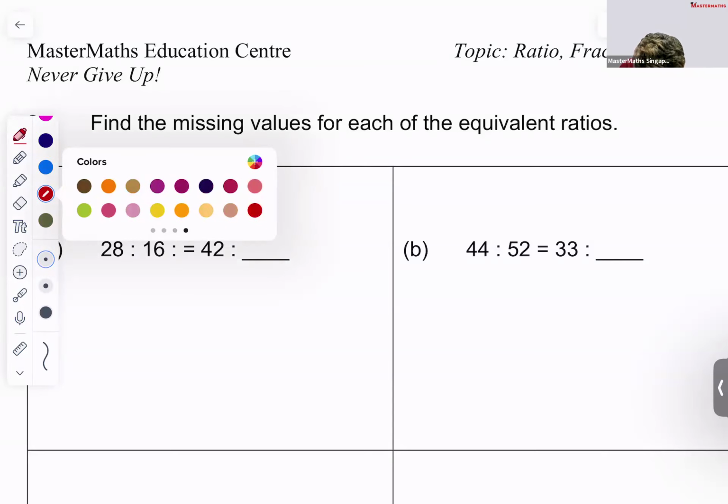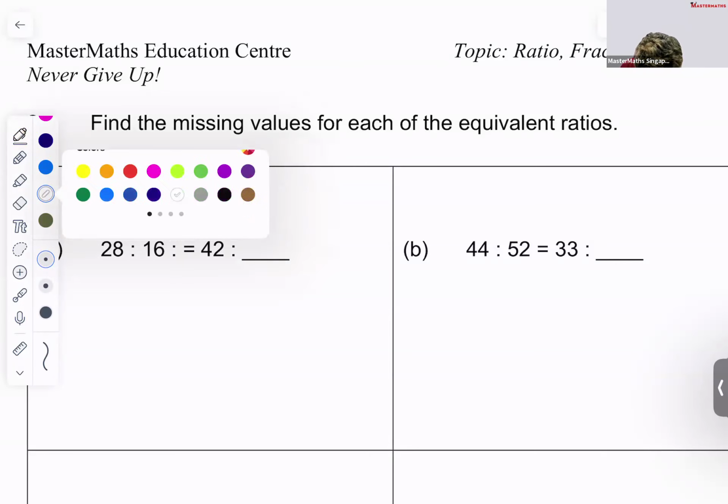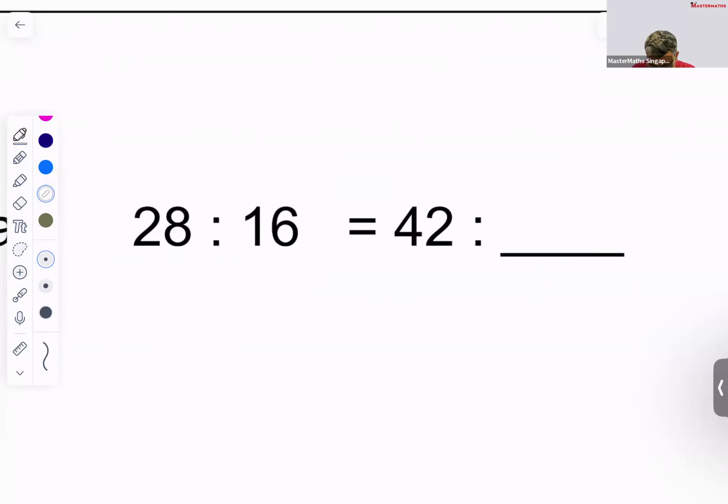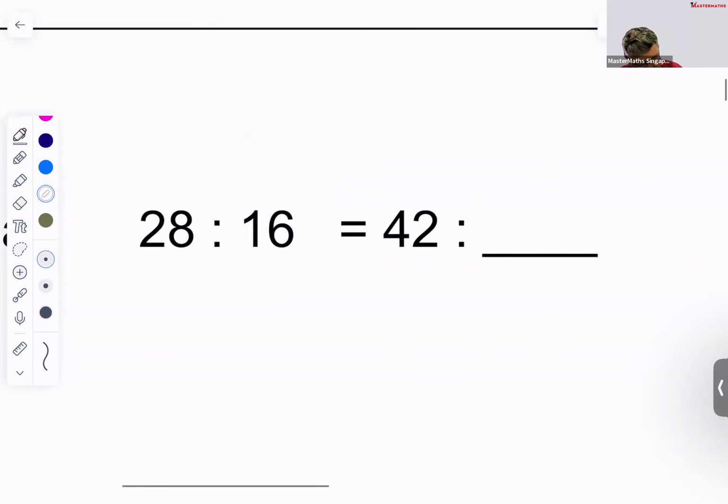Correction tape, yes. So I'm going to use my correction tape and there you go, it's gone. So there's nothing after 16. Okay, whatever it is, just scratch it off.